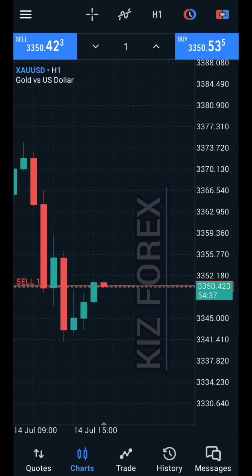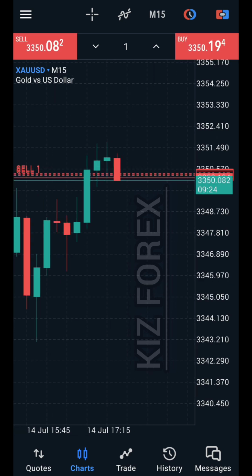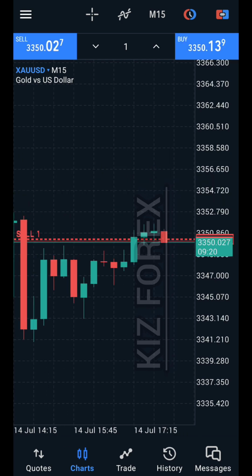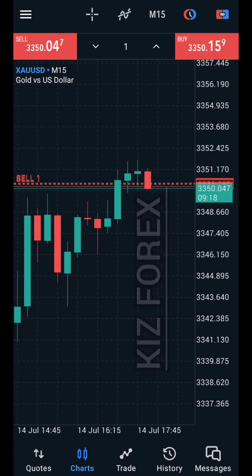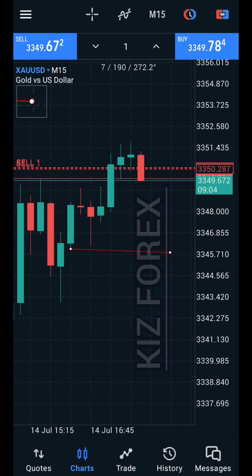Now, where is our target in this trade? Our target on this trade is this particular low on this downside here. Let's locate it so that we can know what we are targeting.